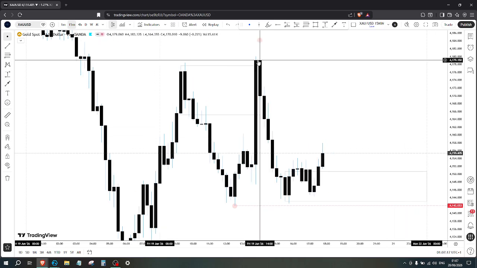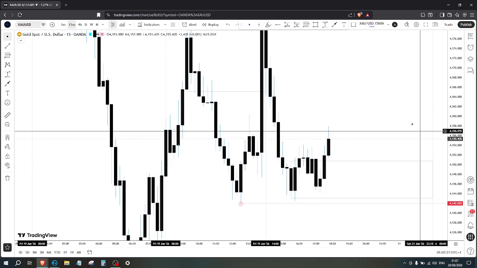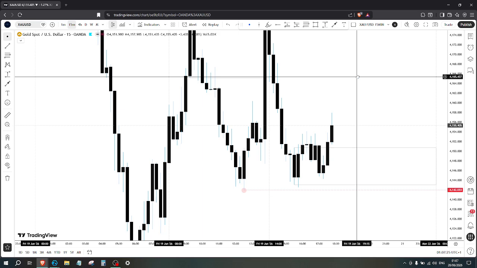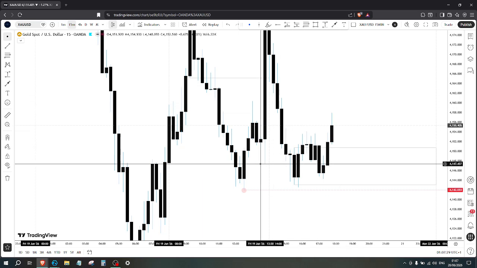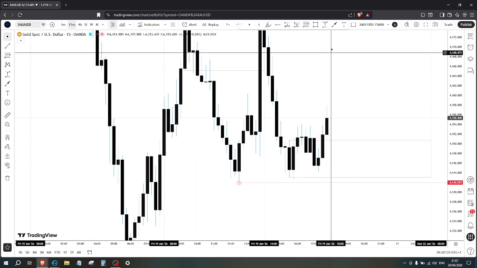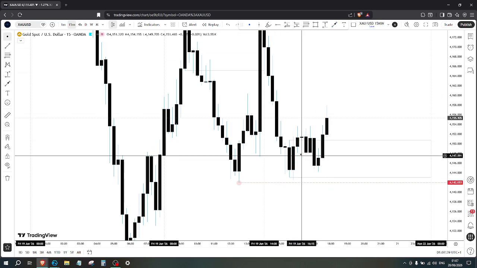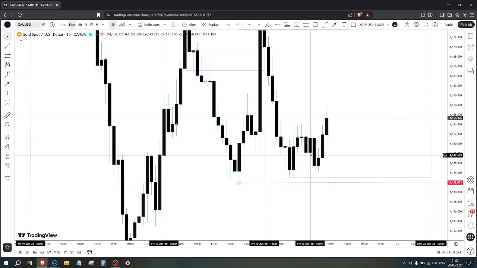We need breaches to the downside and breaches to the upside. No breaches to the upside, to the downside though. We got lowest point. We got breach one, breach two. Option B. Preferably, we would want a second candle to the downside. But for now, this seemed to be accepted.